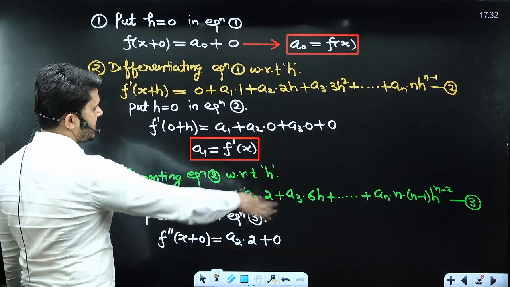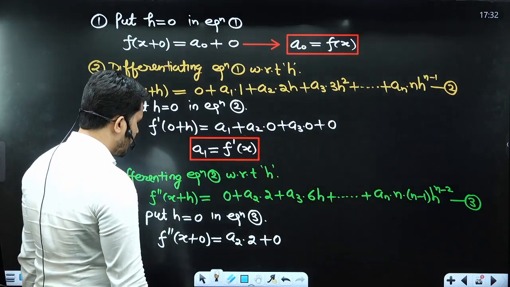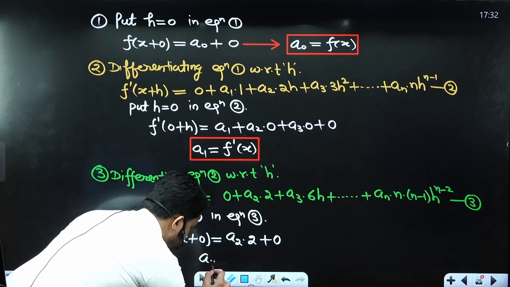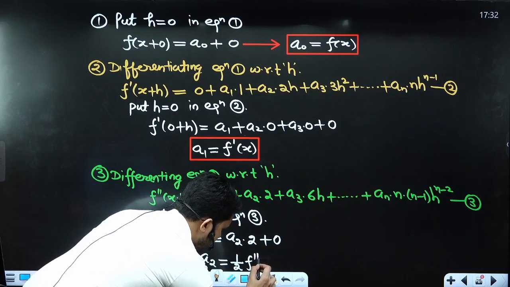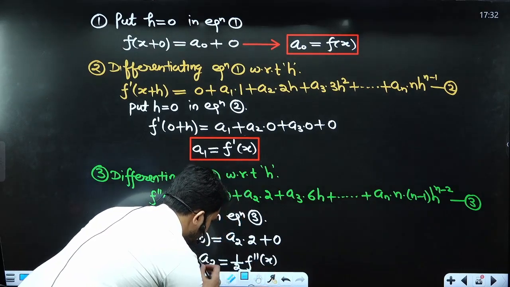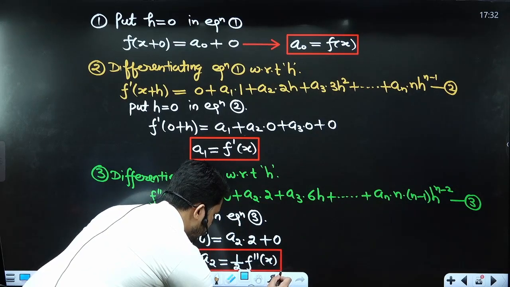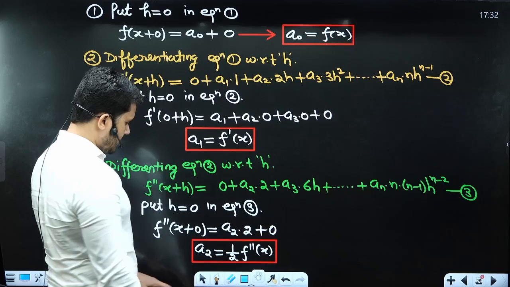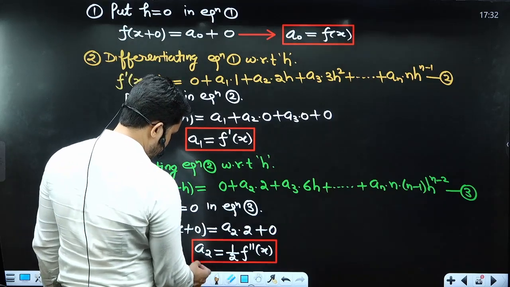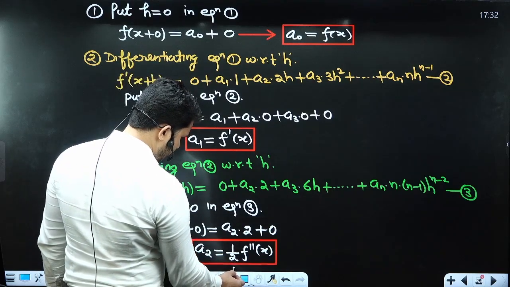So a2 will be 1 upon 2 into f double dash x. We can write it like this.